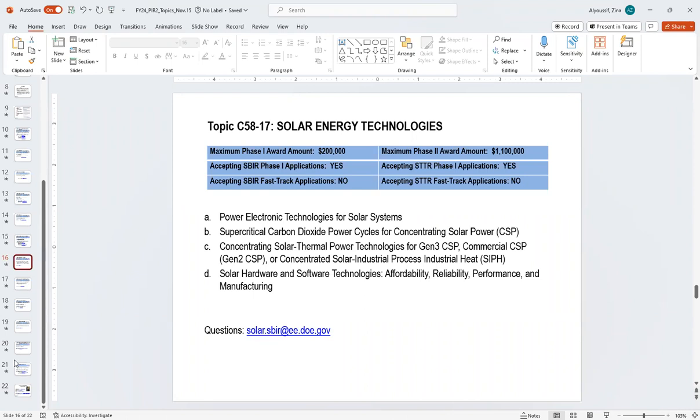The topic is pretty open, but areas of focus could be wide bandgap semiconductor materials and their use in solar power electronics. We're looking into multi-port systems that support solar along with energy storage or EV charging stations. So a combination of multiple applications with one device is of interest.